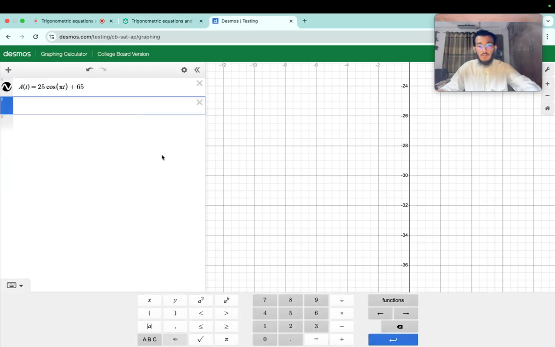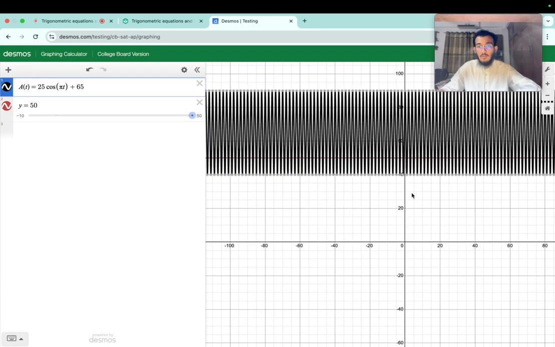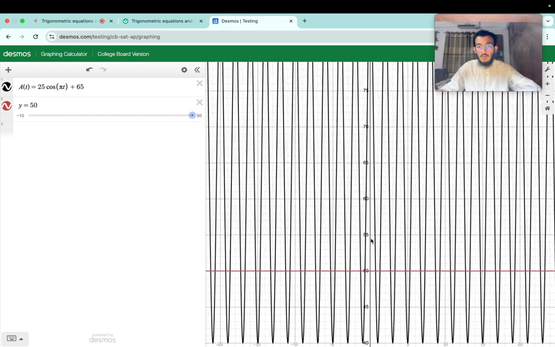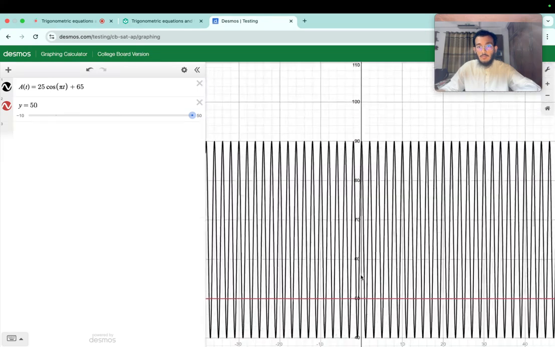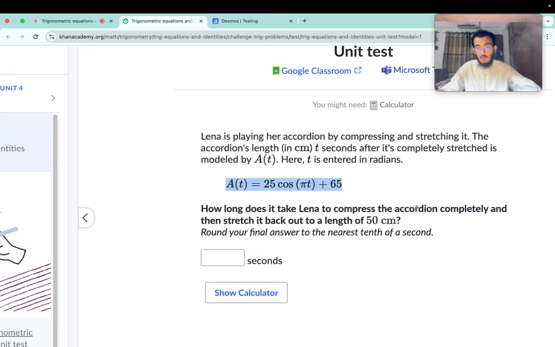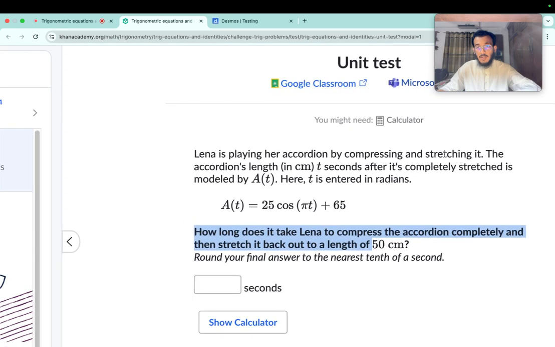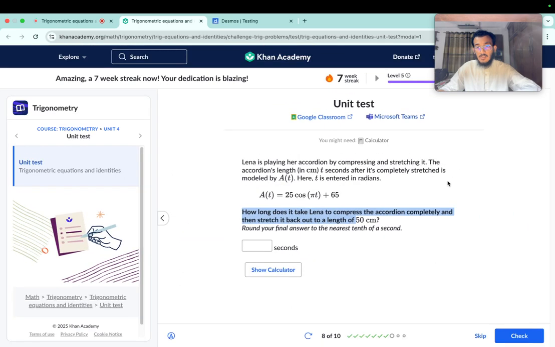So you want y equals 50. Where is the graph? Okay, so you have to notice what the question said. The question stated how long it takes to compress completely, and our distance starts after it's completely stretched.